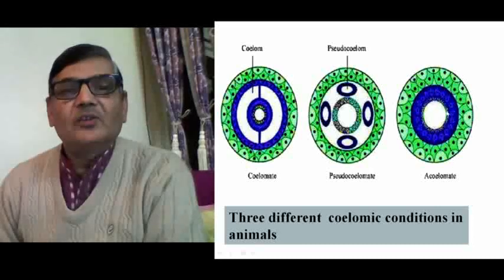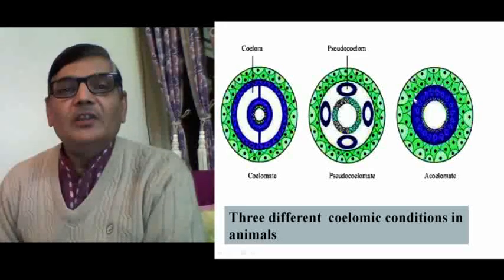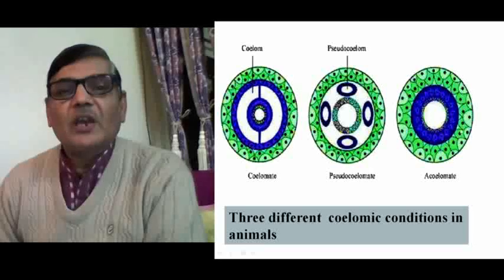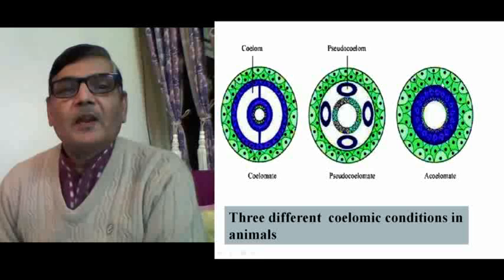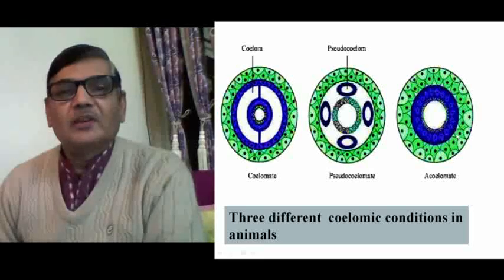This is endoderm which lines the alimentary canal, and then this blue colored structure is mesoderm, and this one is ectoderm. So there is no space, there is no cavity in this case, and this is the acoelomate condition, which is seen in platyhelminths.